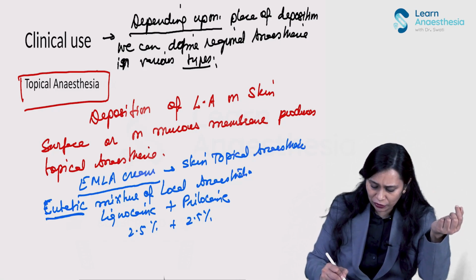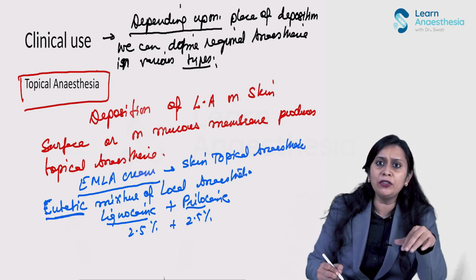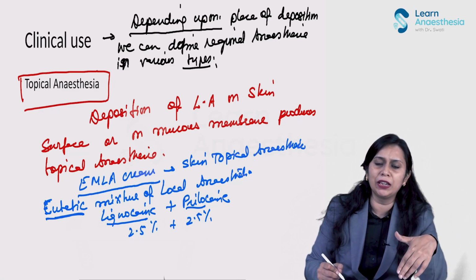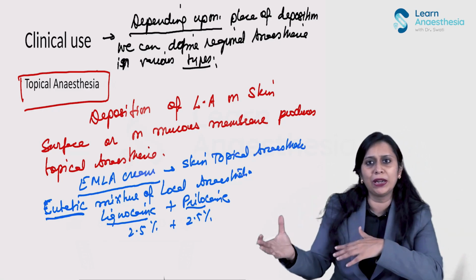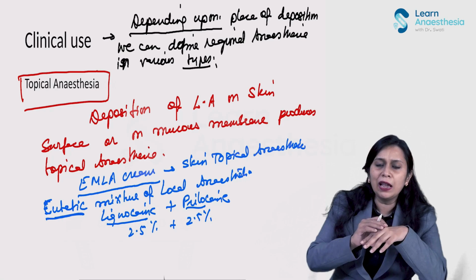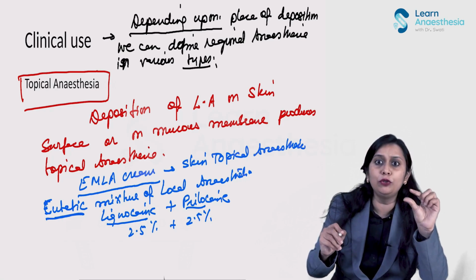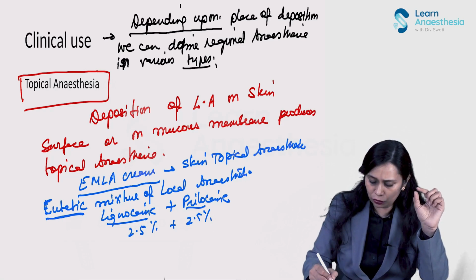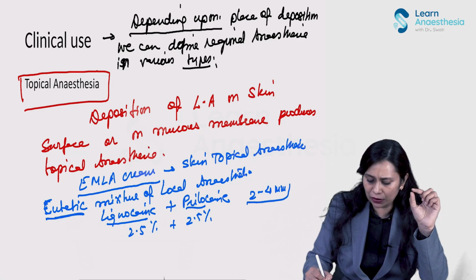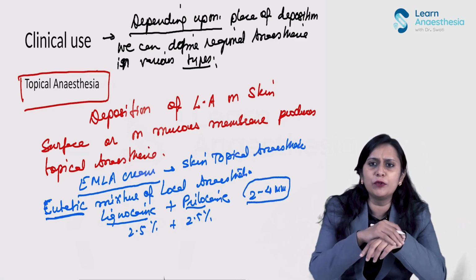Now the melting point of the mixture of ligno and prilo is much less than the melting point of the individual drugs present in the EMLA cream, that is ligno individually or prilo individually. Melting point of the combination is less. So it melts and penetrates the skin surface and produces a surface anesthesia of 2 to 4 millimeter depth. But it depends upon how long you have put the EMLA cream.